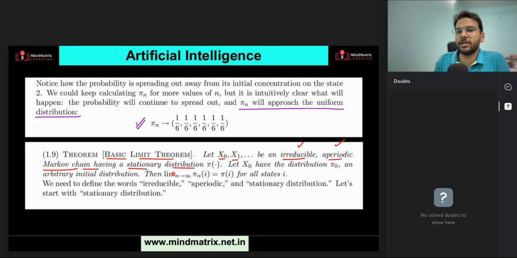When we get the stationary distribution, let x0 have the distribution pi 0, an arbitrary initial distribution. Pi 0 is the initial distribution. Then as n tends to infinity, that means after many steps, pi n of i will be equal to pi of i only.